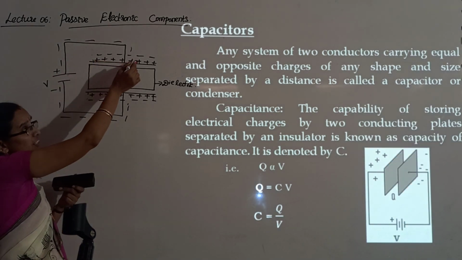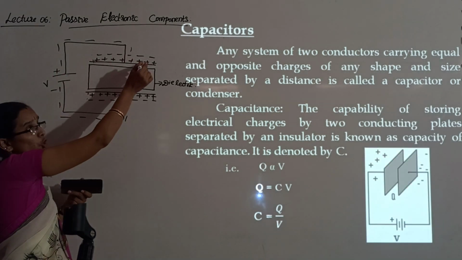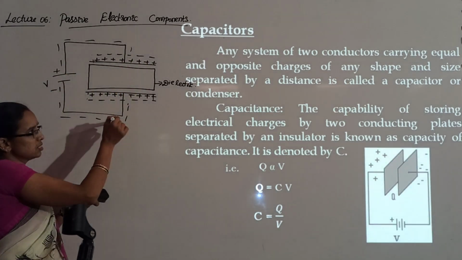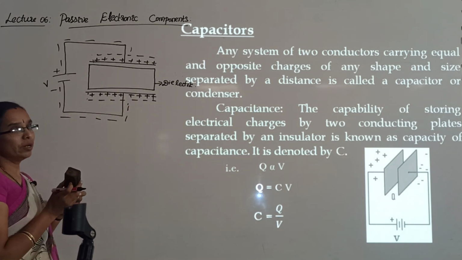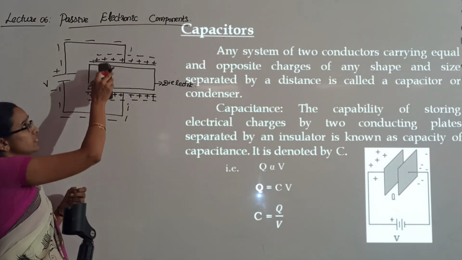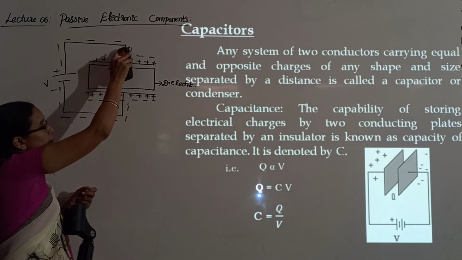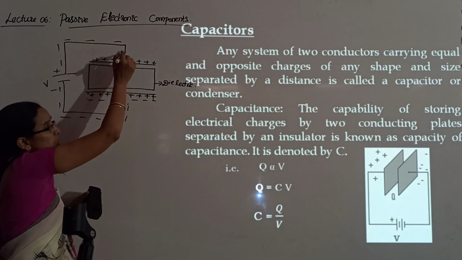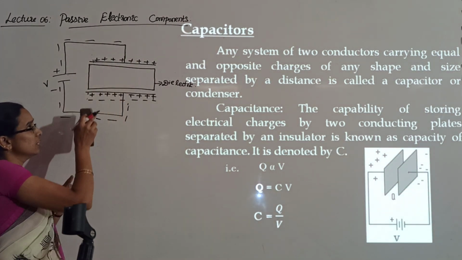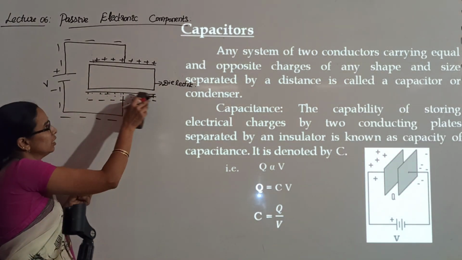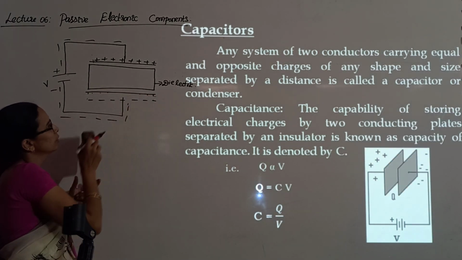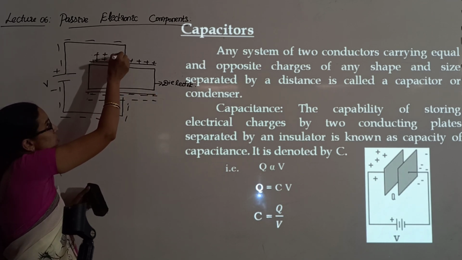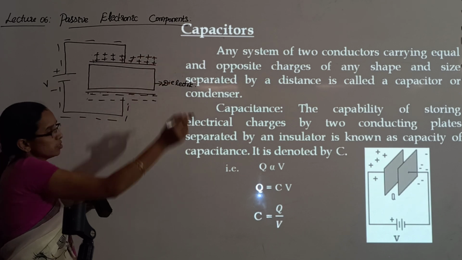All the electrons on the top plate are attracted away. Over a period of time, what we will observe is the top plate will be in shortage of electrons, whereas the bottom plate will have an excess of electrons.